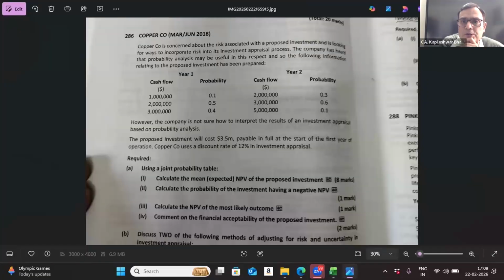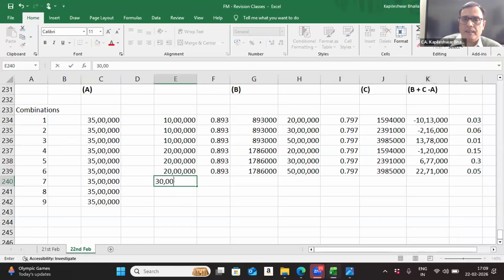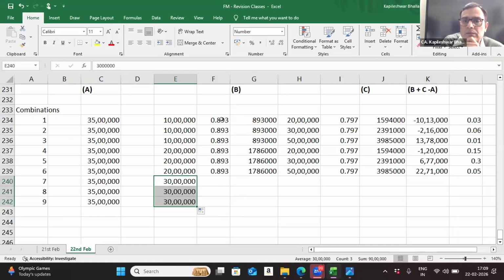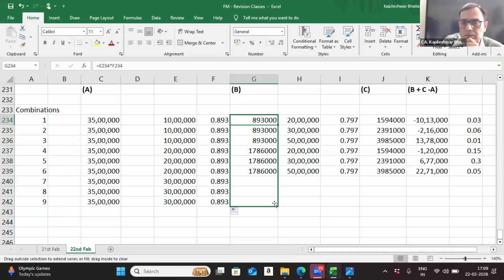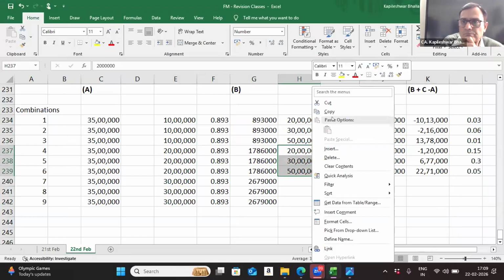Now the next permutation combination is 30 lakhs. So this is going to be 30 lakhs. And we can take this, stretch it out. These figures would of course remain the same. And we can get this data as well. And this would remain the same again, 20, 30, 50.